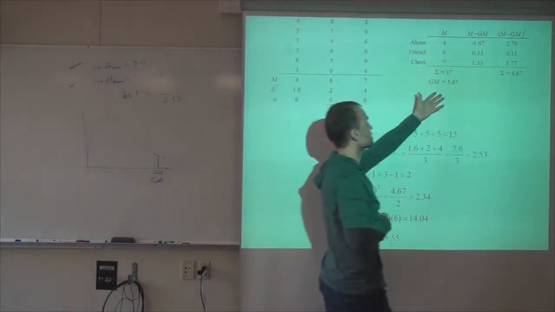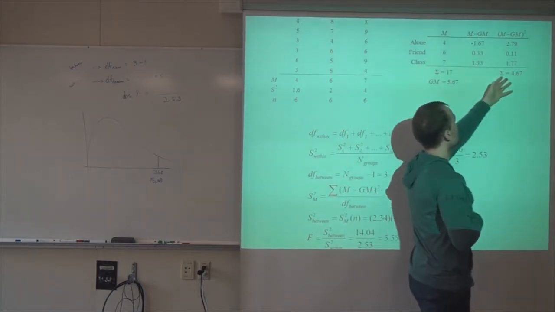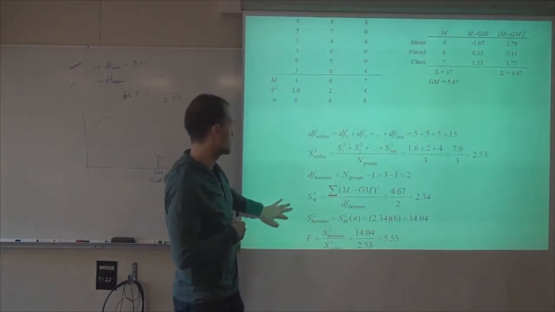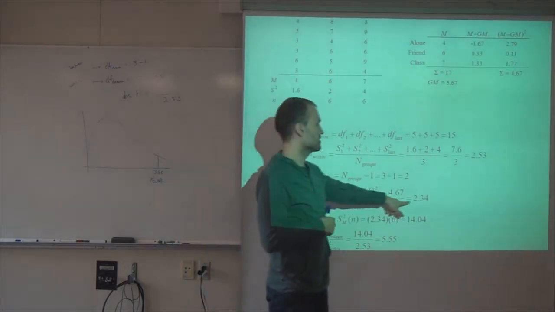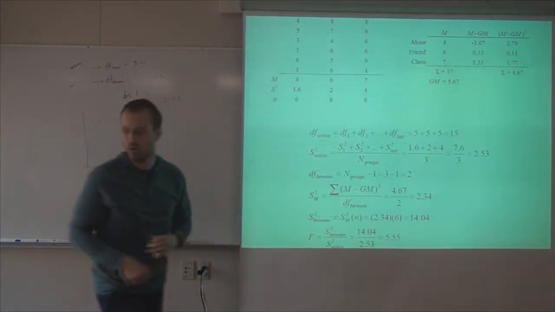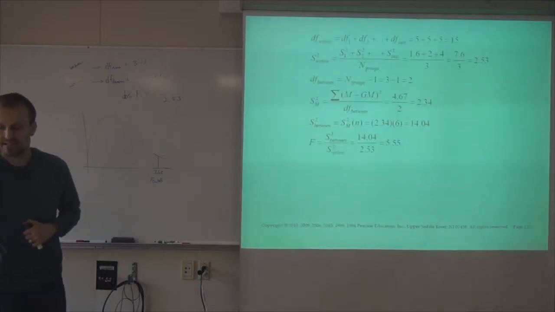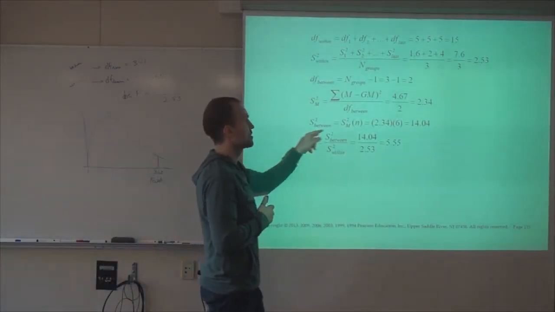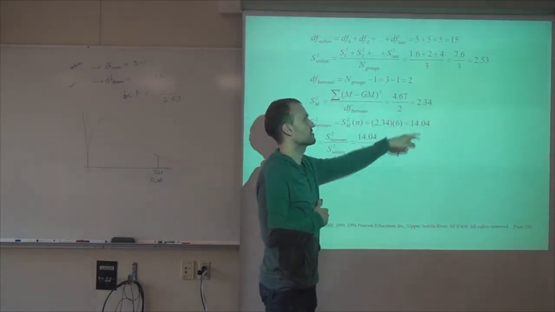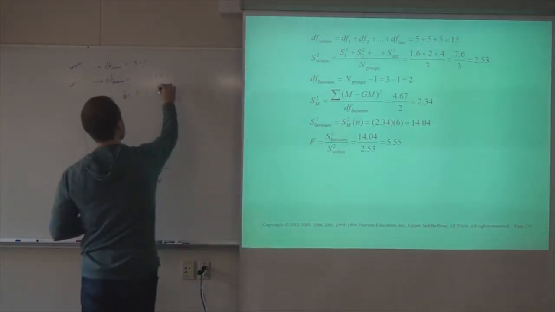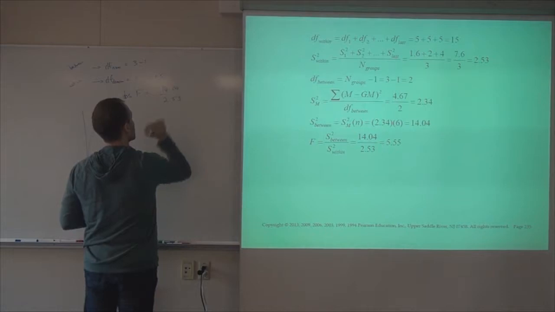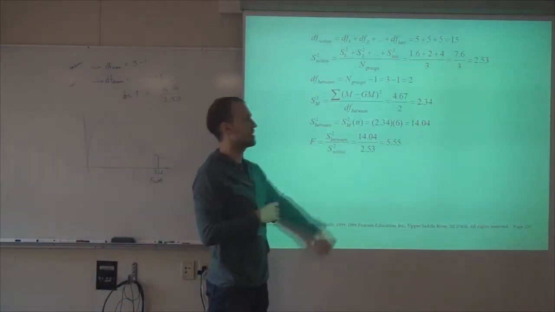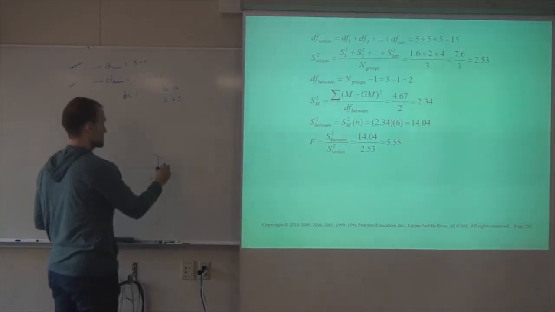Take the mean of that, calculate the sum of the squares, and estimate the variance, which is 2.34. However, that's an estimate for the distribution of means. So multiply that by the sample size to get 14.04, which goes in here. And I get an observed F ratio of 5.55.